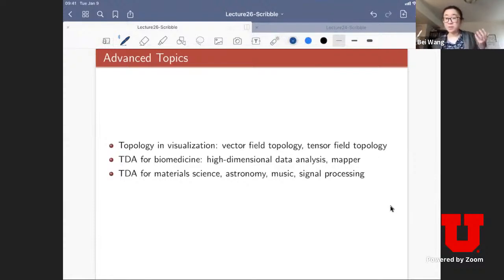For example, the first part of today's lecture, we were looking at merge trees of scientific simulations and trying to use them to detect outliers. So there are a lot of applications of TDA in visualization.